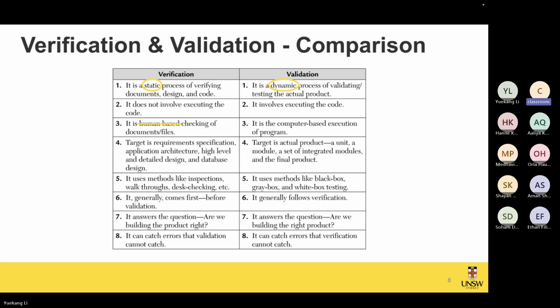But nowadays we have a lot of software to assist this process. So it's not fully human-based. It's automatic or semi-automatic. And as you can see, testing is considered as a validation technique here. And both of them can catch the errors that the other one may not be able to catch. So these are the key points.